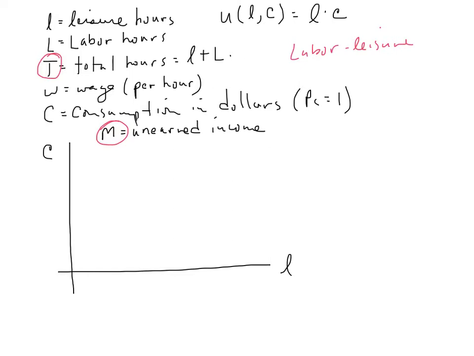So we're imagining a world where utility is derived from leisure, okay, that's basically any time spent not working, and consumption, okay, and consumption is measured in dollars in this case. So we want to set up a budget constraint that shows leisure and consumption in it, but does not necessarily have the other choice variable labor in it, okay?